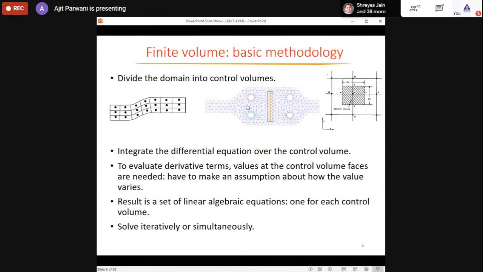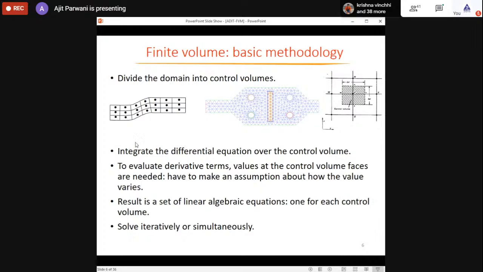If it is a very simple case like a rectangular or square plate, then the division could be a number of squares. So the first step is to divide the domain into n number of parts, and each part is called a control volume. The second step is to integrate the differential equation over the control volume.